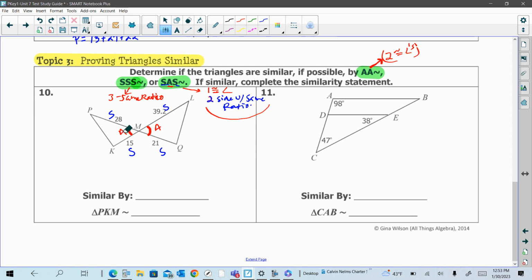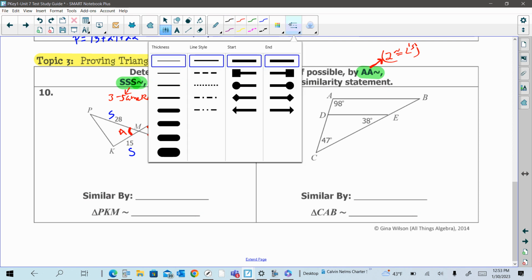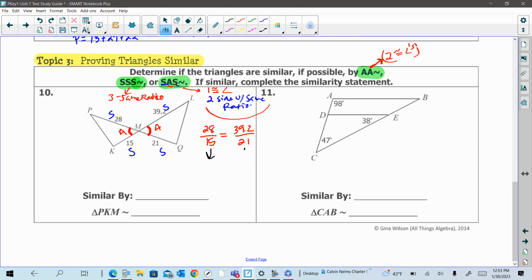What you have to check is that the sides are proportional, the same ratio. So if I check my sides, that means my 28 over 15 and my 39.2 over 21, they either have to reduce to the same number or their cross products have to be the same.